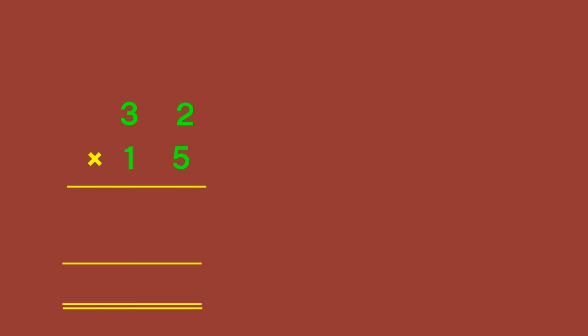The value represented by 1 is 10. So first of all, I'm going to multiply 32 by 5. So 32 multiplied by 5 is 160. So first I'm going to mention it here. 32 multiplied by 5 is 160.